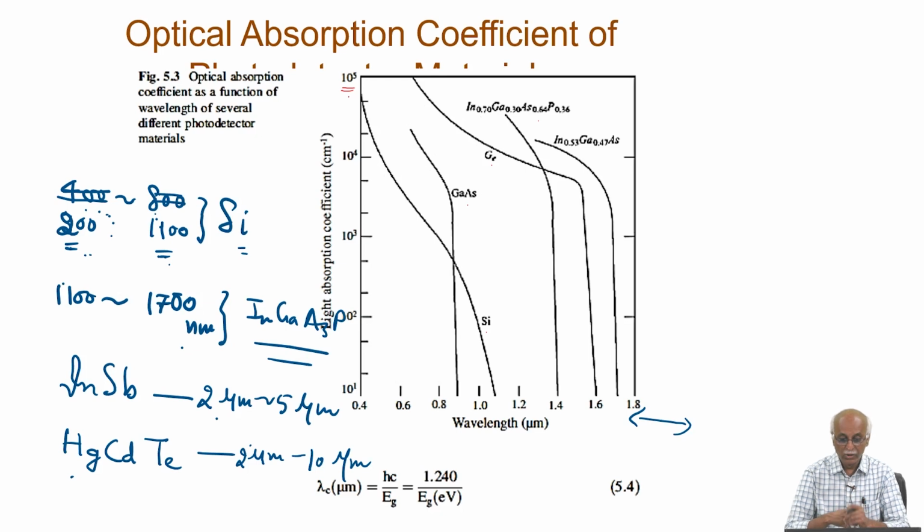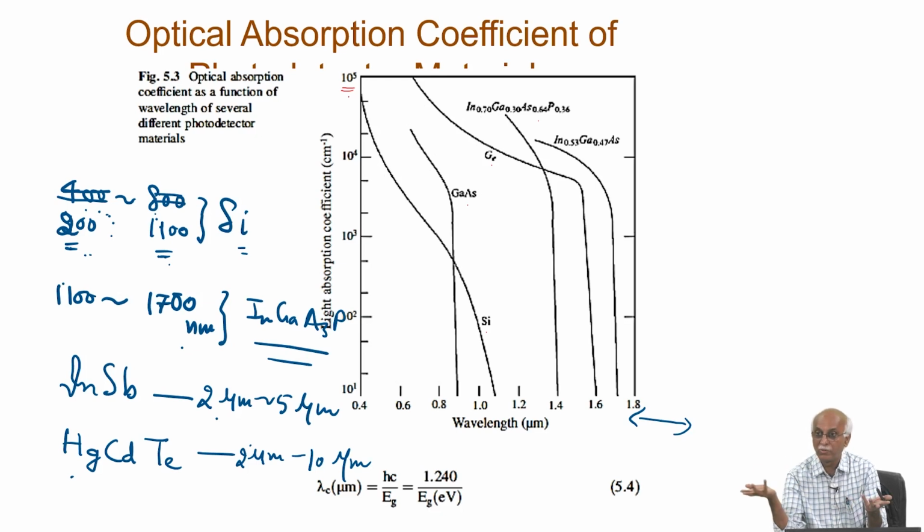From this we can easily find out what our requirement is. Let us say I want to measure optical power at a wavelength around 1.6 micrometer. Then silicon may not be a good choice, because it will only transmit the light; absorption is very low. Over and above that, those photons will not be able to dissociate electron-hole pairs in silicon.